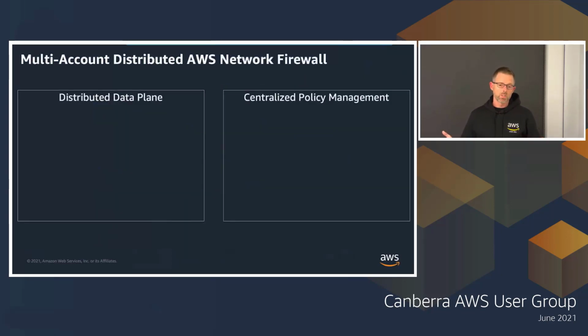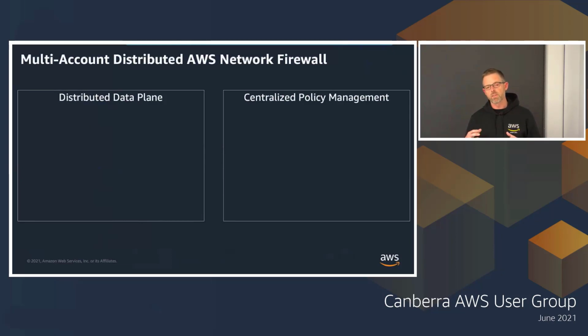Just as a point of interest, AWS Network Firewall was released recently. It is essentially based on Gateway Load Balancer, but it has a different approach to multi-account network insertion.